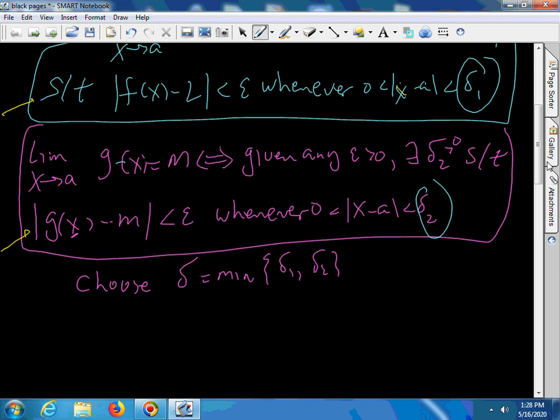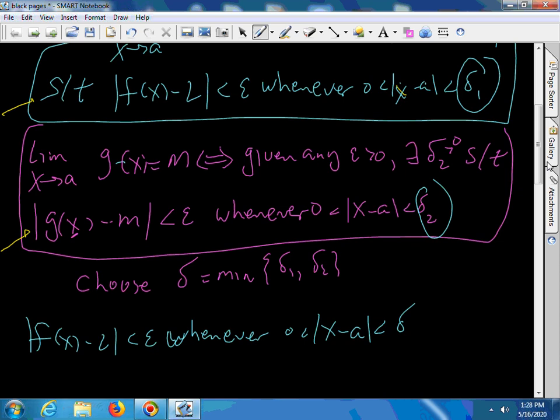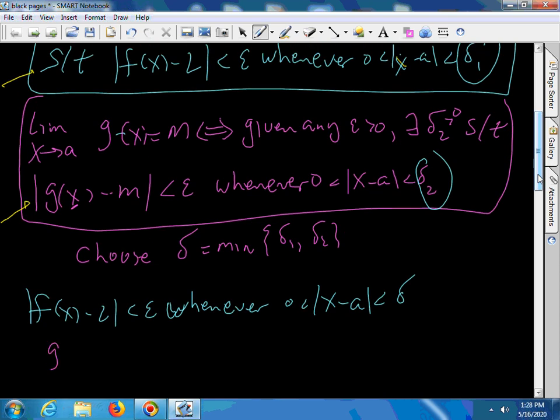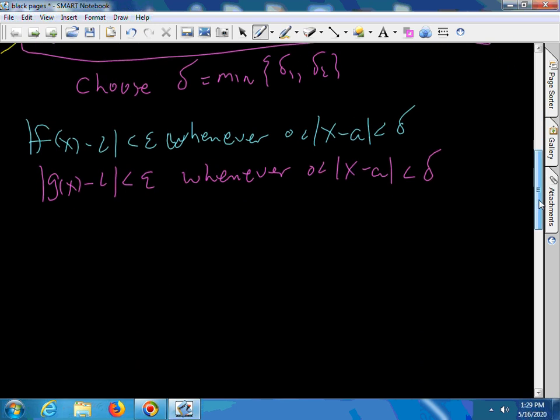So f of x minus L is less than epsilon whenever this is true. And we get this statement for g of x minus M in absolute value. Alright, so now this is what we have to play with.